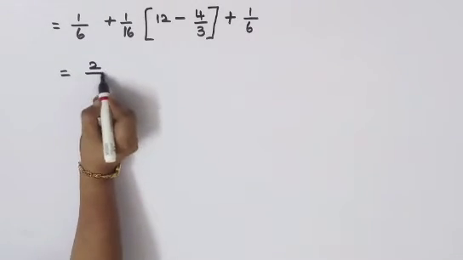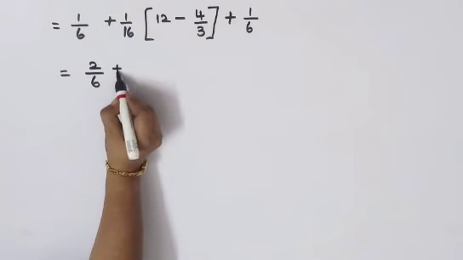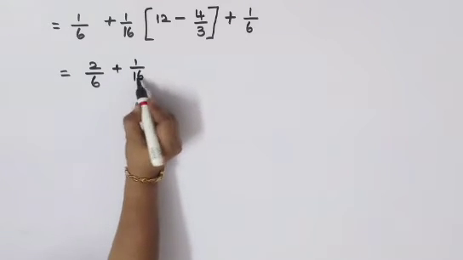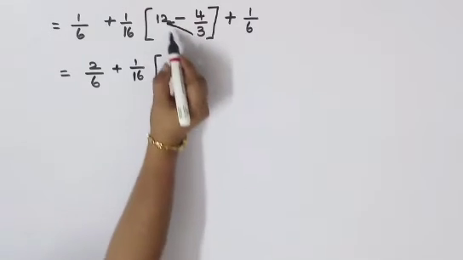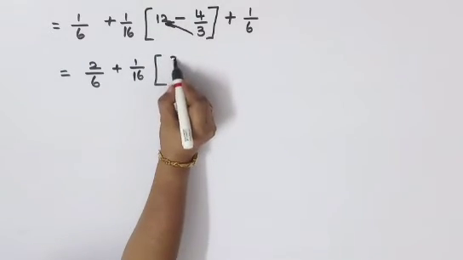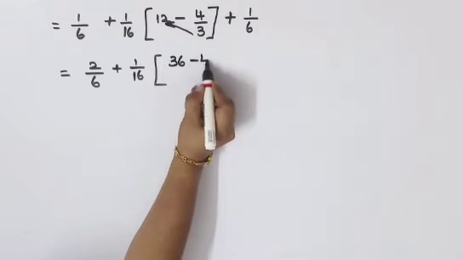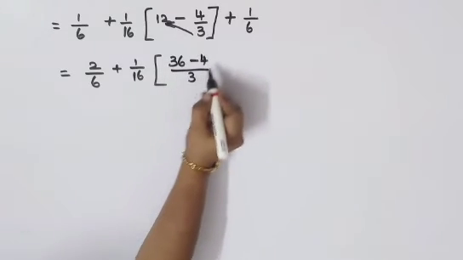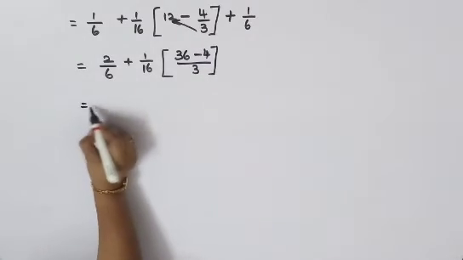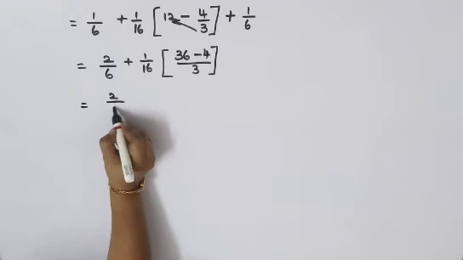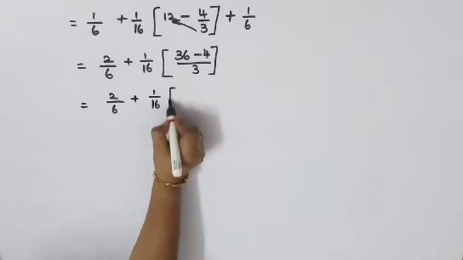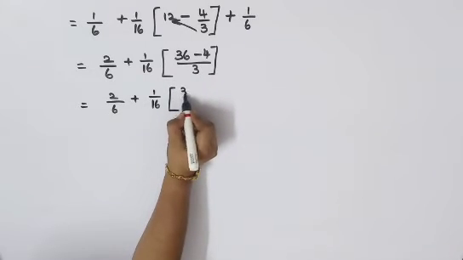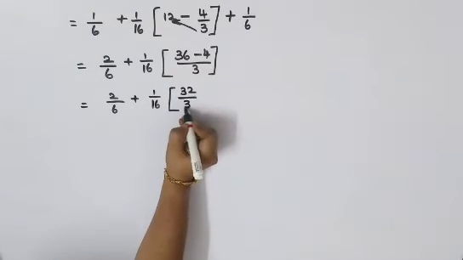Adding, you will get 2 by 6 plus 1 by 16 into, just go for LCM, otherwise cross multiplication. 12 into 3 it is 36 minus 4 divided by 3. The next line is 2 by 6 plus 1 by 16. 36 minus 4 will be 32 divided by 3.